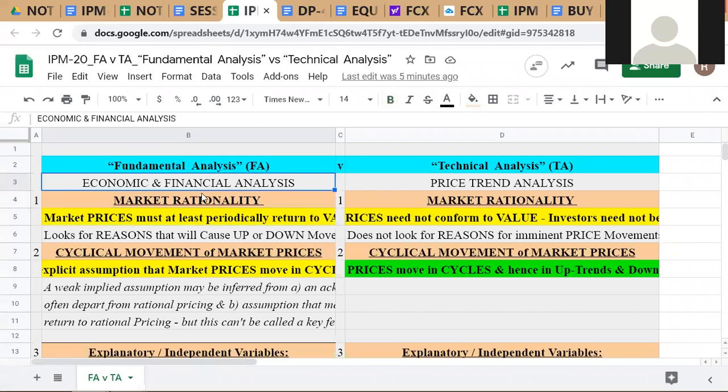So sorry, what I was talking about is this, that these two terms, FA and TA, are what is used in industry, okay? People say fundamentals and technicals, but actually if you notice, these terms are bad. These are examples of bad nomenclature because they don't really mean anything. In the sense, it's not really telling you anything about what that method is, okay?